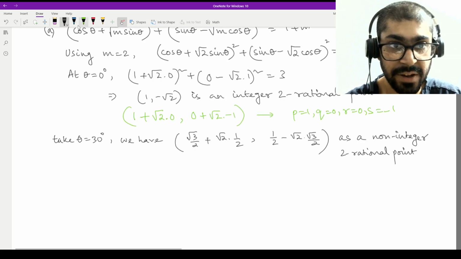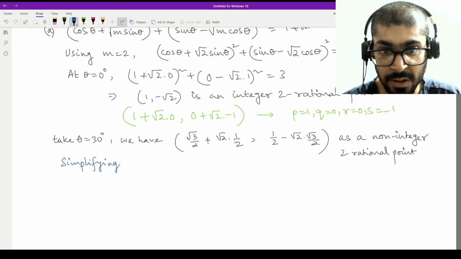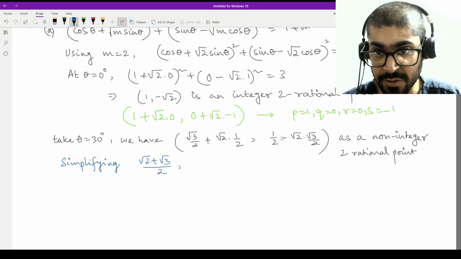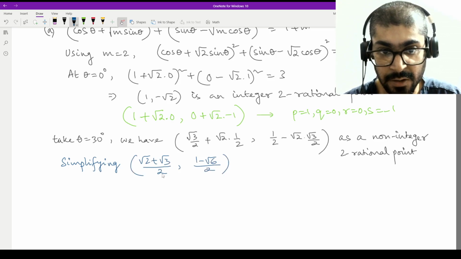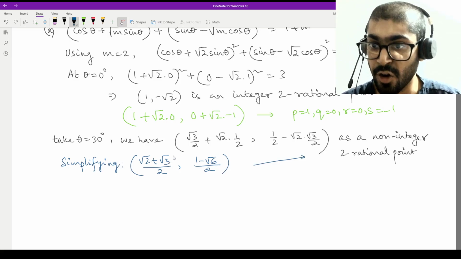Right, so simplifying, this will be root 2 plus root 3 by 2, and this will be 1 minus root 6 by 2. This is our non-integer two rational point.